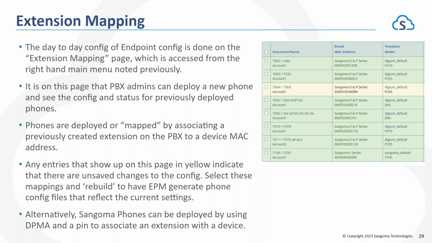The yellow one indicates that I've made changes to either the template or to the phone device and have not rebuilt the configuration files. So I'll need to do that before I force a provision on that device in order to ensure that it gets up-to-date configuration.